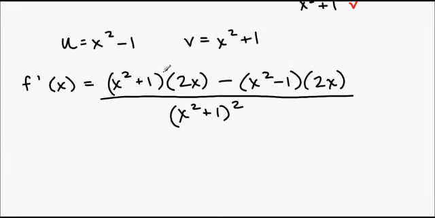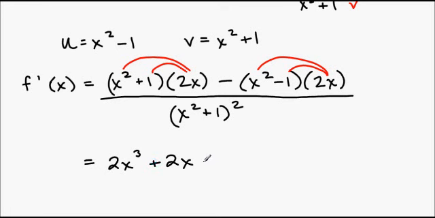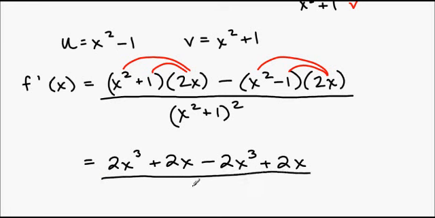So I'm going to distribute my 2x's, and we end up with 2x cubed plus 2x minus 2x cubed plus 2x over x squared plus 1 squared.